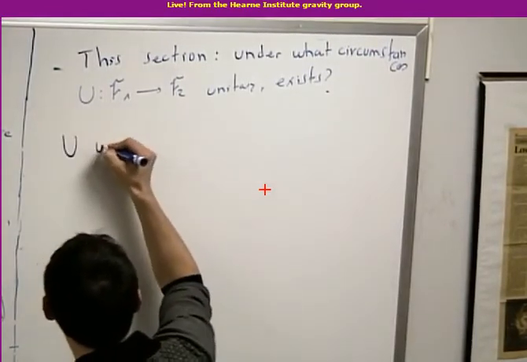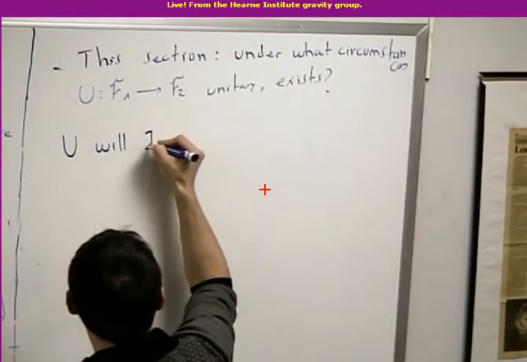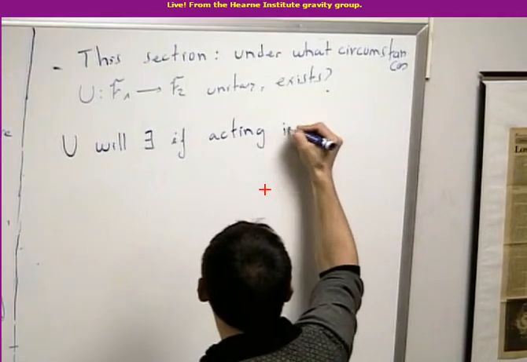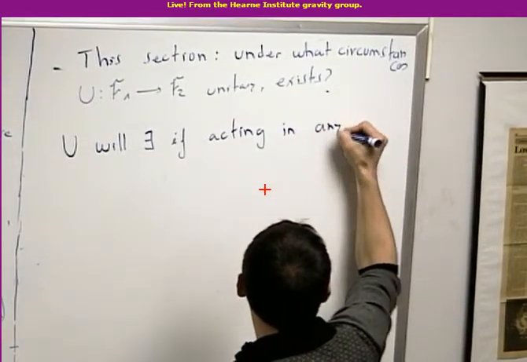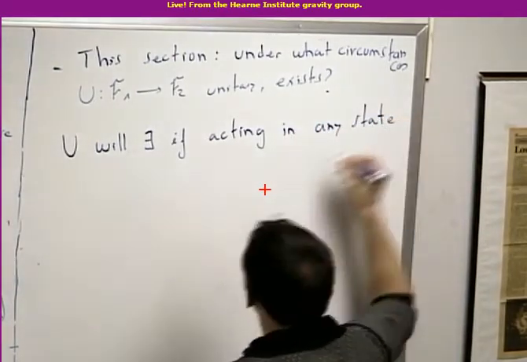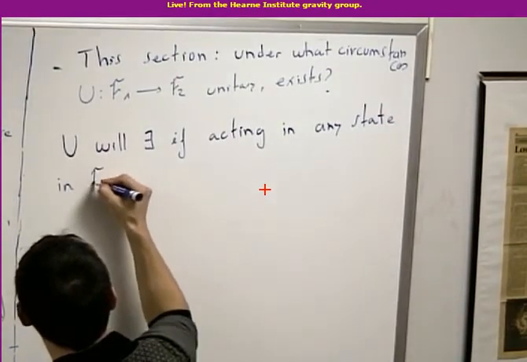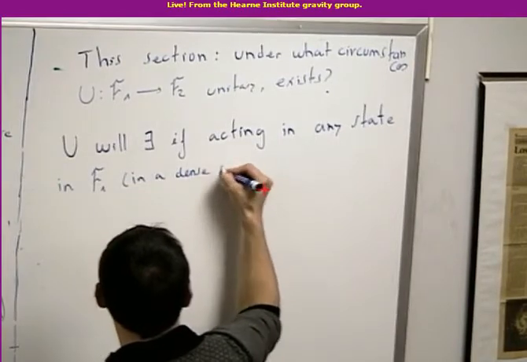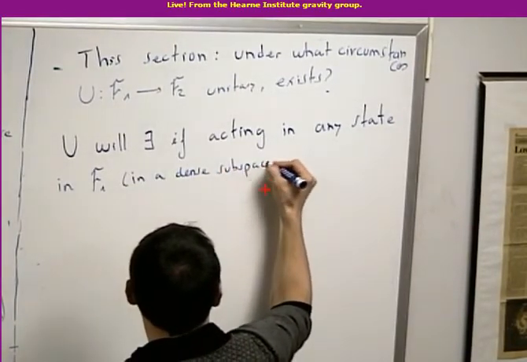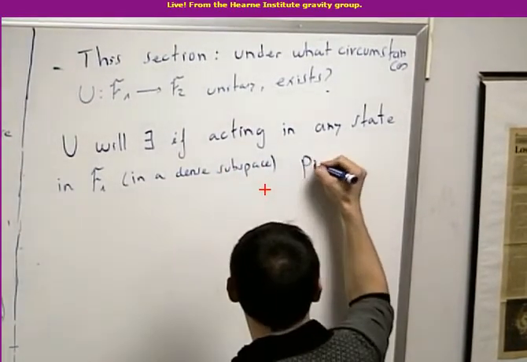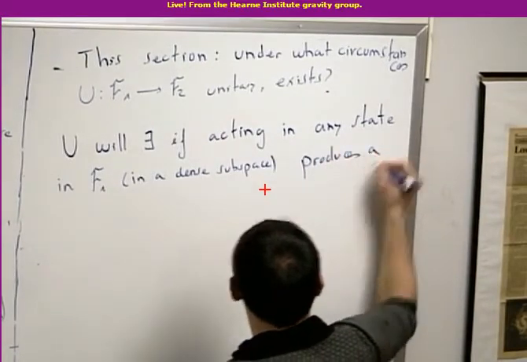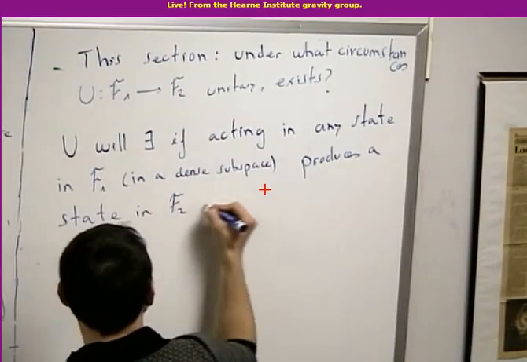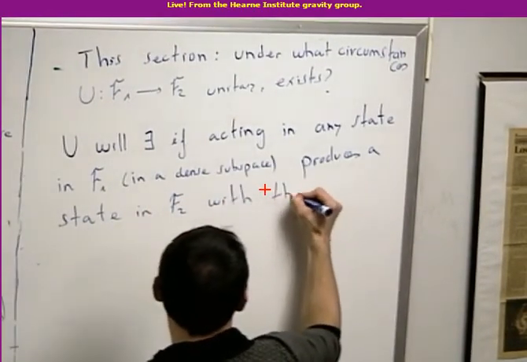U will exist if acting on any state in F1, or at least in a dense subspace, it produces a state in F2 with the same norm.